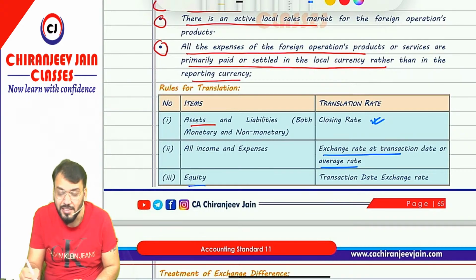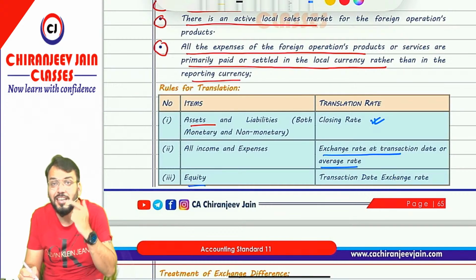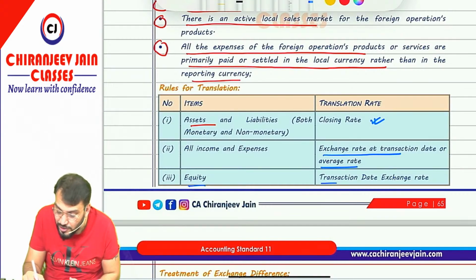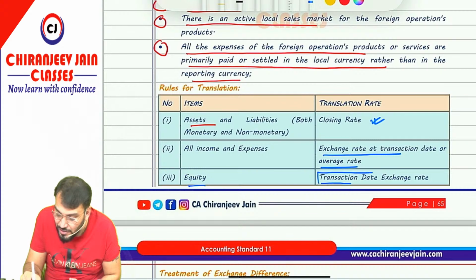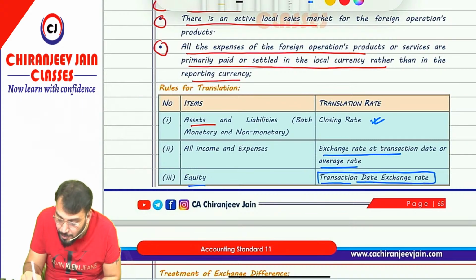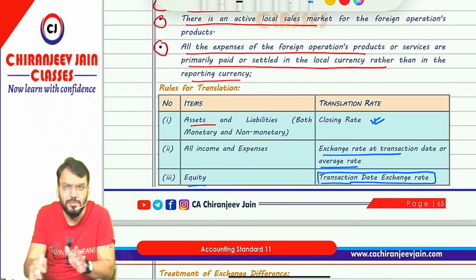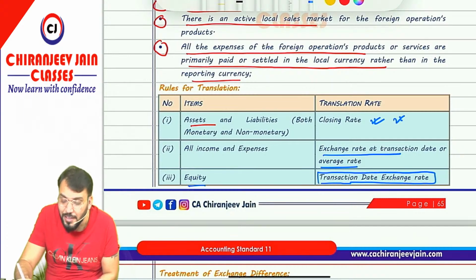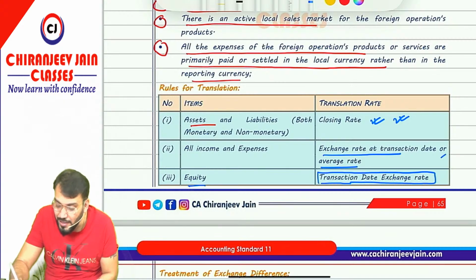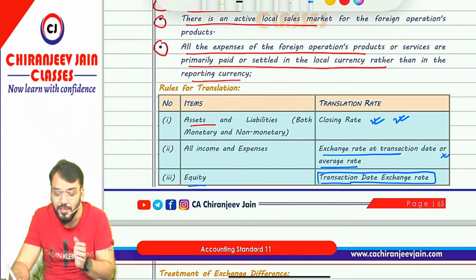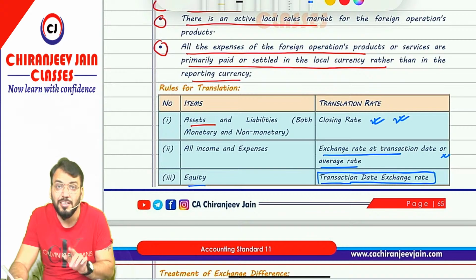Equity will be translated by using the transaction exchange rate. So when the equity shares were issued, whatever the exchange rate prevailing at that time, at that rate it will be translated. Understood? The rule is very simple: all assets and liabilities at closing rate, all income and expenses at average rate, equity at the transaction exchange rate.